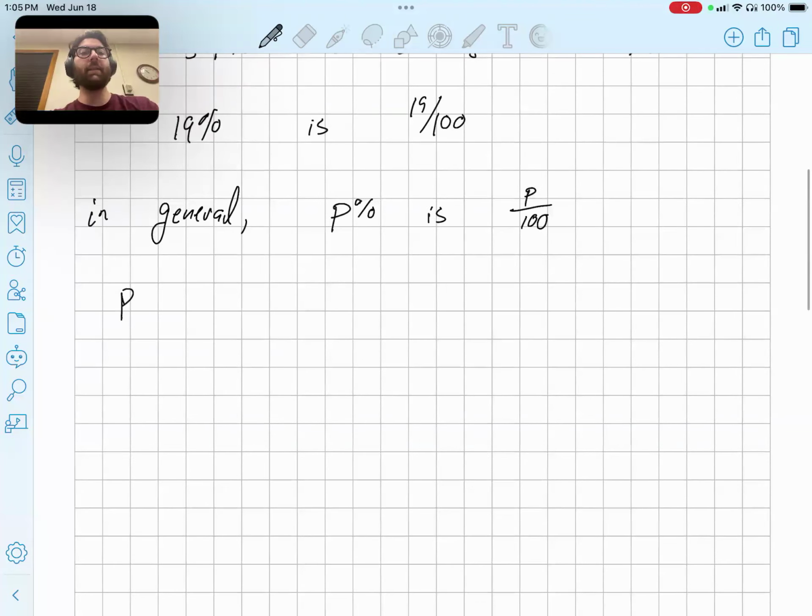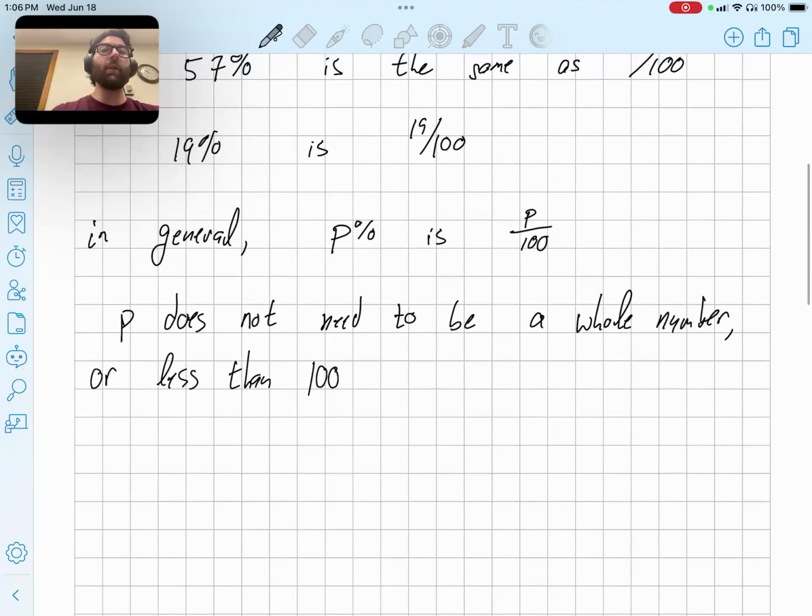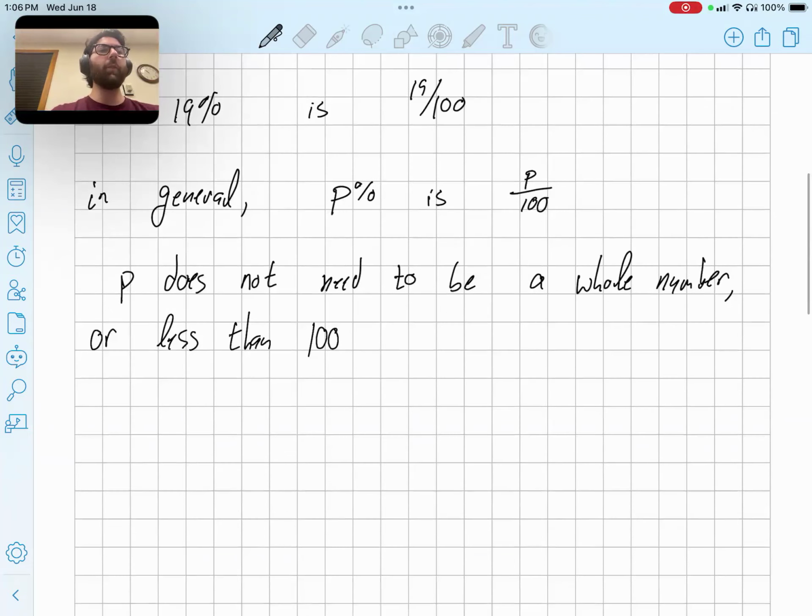And P does not need to be a whole number or less than 100.